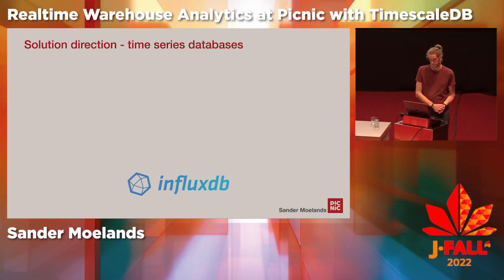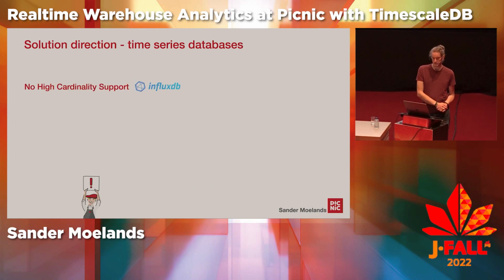Looked promising. But if you start looking into the details, you actually see that they don't really have good high cardinality support. Basically, their advice is, if you want high cardinality, change your data model, which is not what we wanted, so not really helping there. So we also looked at Druid.